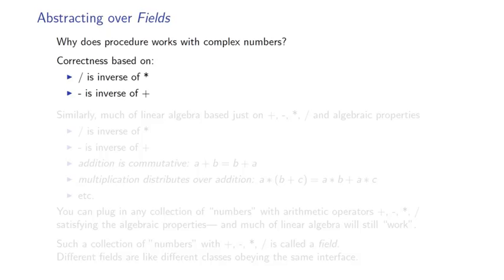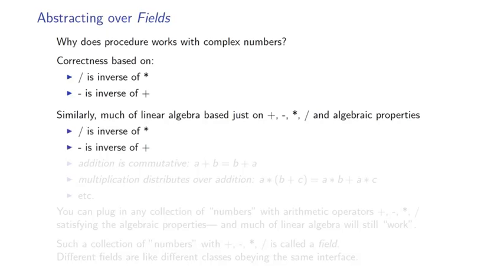Similarly, much of linear algebra is based on a few simple facts about the operators plus, minus, times, and divide. Division is the inverse of multiplication. Subtraction is the inverse of addition. And other algebraic properties such as that addition is commutative. The order doesn't matter. And multiplication distributes over addition.